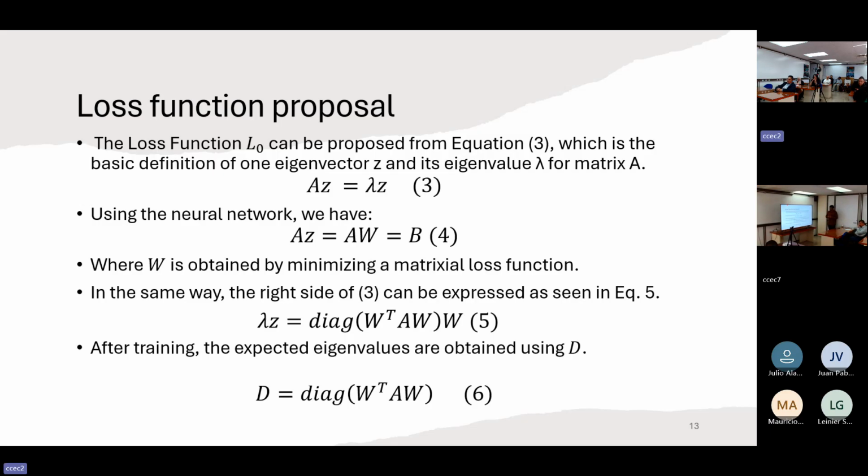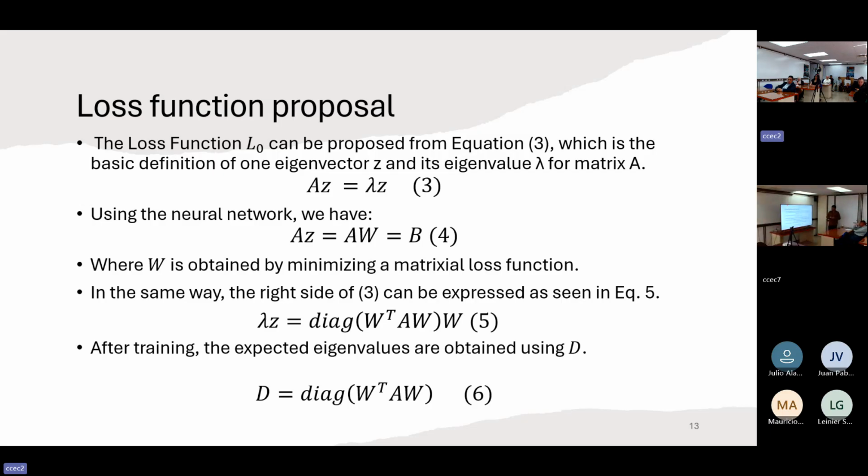This property was taken and adapted to use with neural networks. There is an equivalence between this property and the neural network. As you can see in equation 4, the term on the left side of equation 3 is, by analogy for neural networks, equal to A, the same matrix, multiplied by W, which is expected to be the eigenvector matrix. And this is equal to B, the output matrix of the architecture we propose.